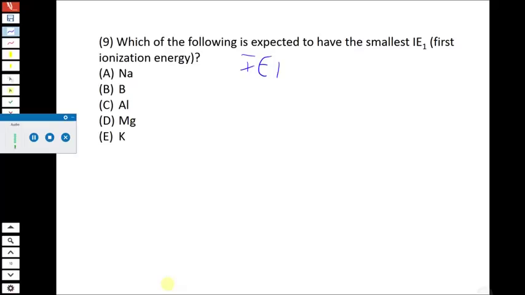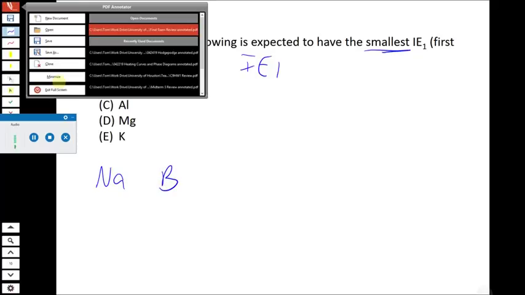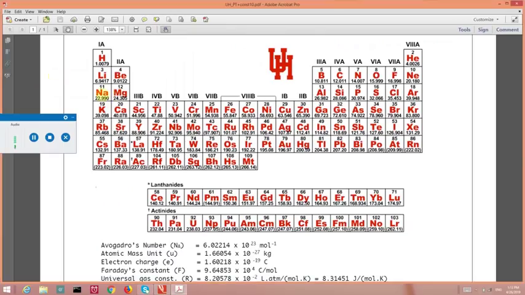So if we look at the first 2, which is sodium and boron, we're looking for the smallest ionization energy. So for sodium versus boron, we go to the periodic table, we see that sodium is here in group 1, and then boron is up here.